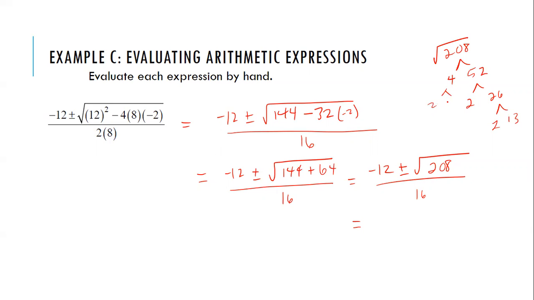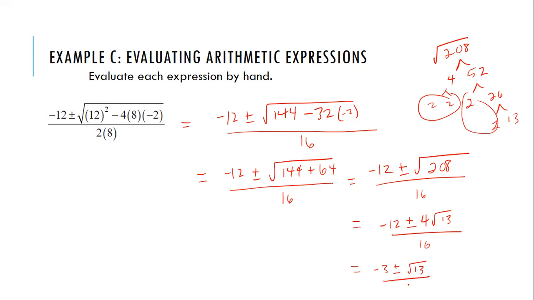So you have a pair of 2's and a pair of 2's. 4 square root of 13. I just want to see how far you would go. And then this can be reduced to negative 3 plus or minus square root of 13 over 4. Don't worry, you get more practice with it. But that is how much this could be fully evaluated.